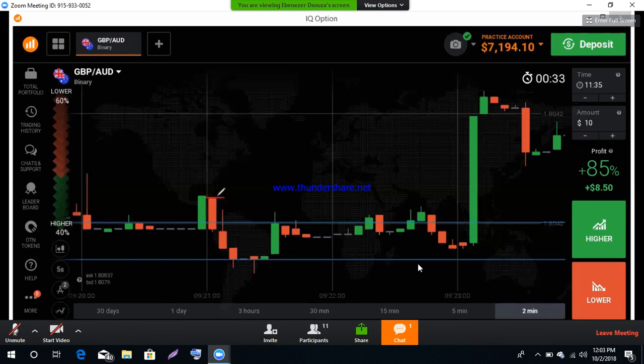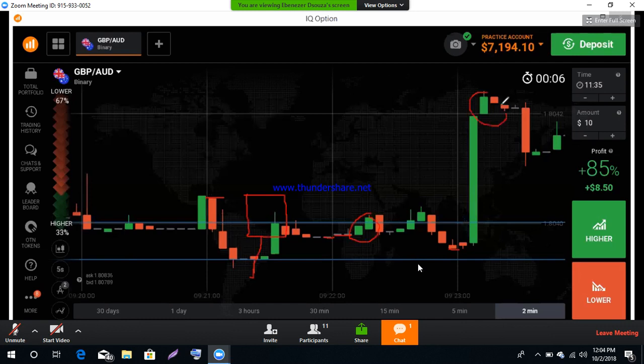This is the opening price, this is the closing price. This is a red candle here, and again this is another candle. This is the opening price, this is the closing price, but there is no confirmation. This is a very small confirmation, I think, and we can't trade with this type of confirmation.